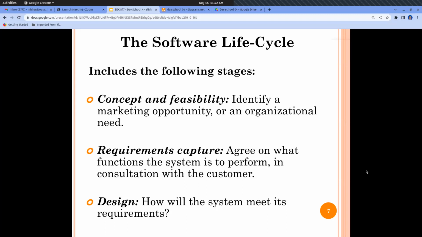So in the requirements capture phase, the software company should get all the data and suggestions. After capturing, the new system should be decided.